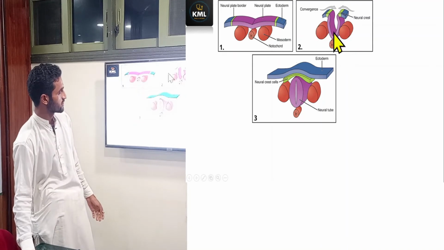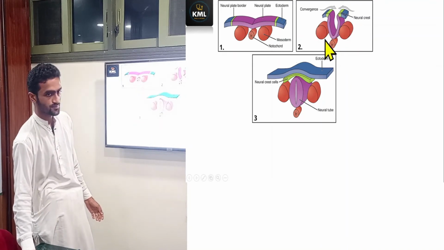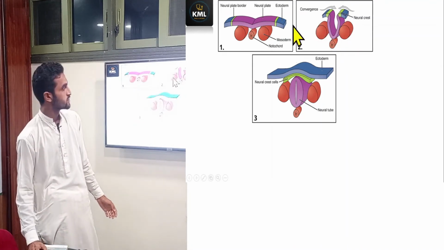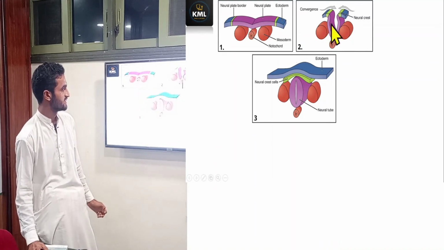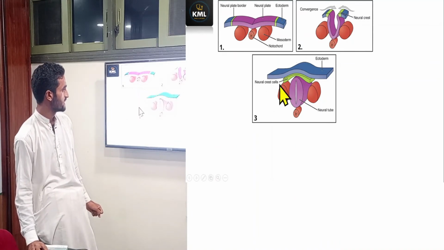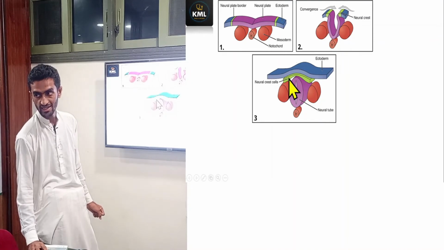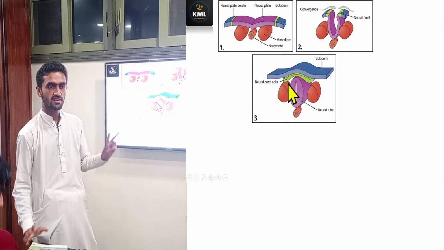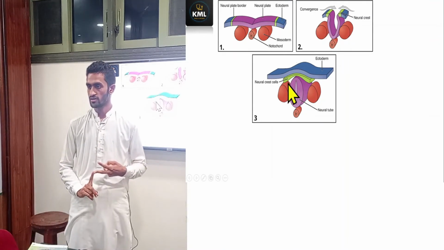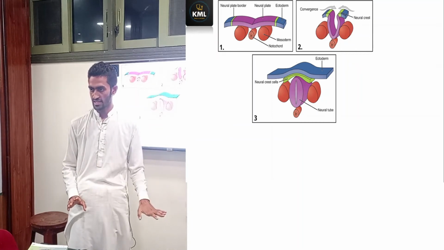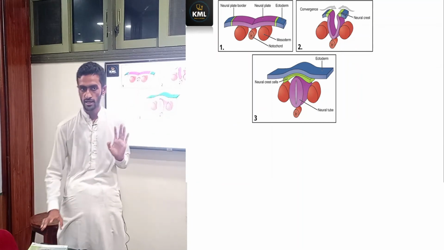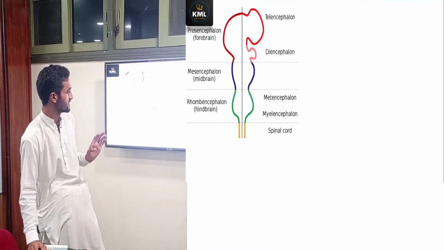Here you can see the convergence, and this is becoming the neural tube, and this part is the neural crest, the green color you can see. Our concern is the neural tube and the neural crest. I am not going into detail in this lecture. We will discuss it in CNS development. Just remember what the derivatives of this are.